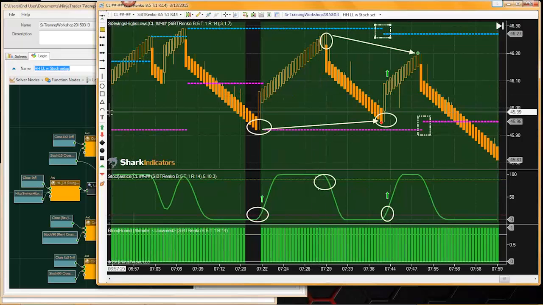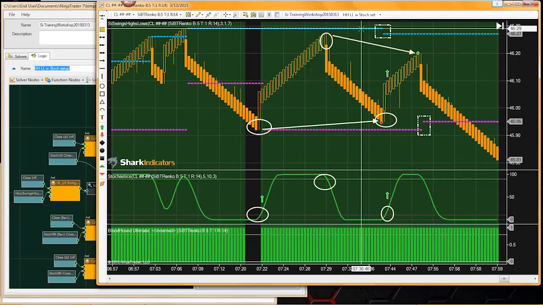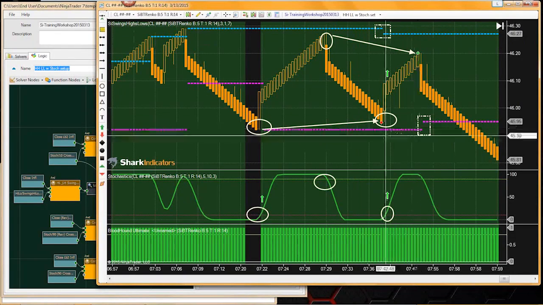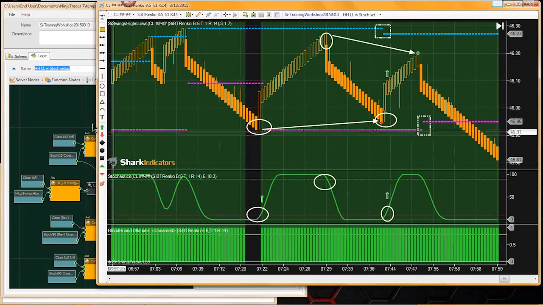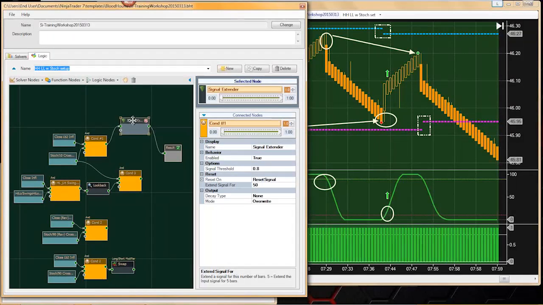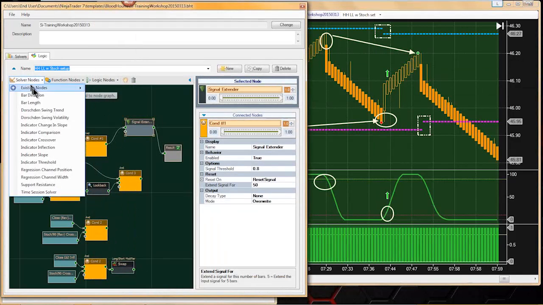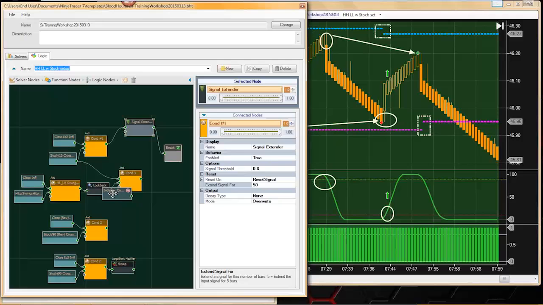So I'm going to build a solver that detects when the swing high low plots change here, and I can use that to turn off my signal extender here. So let's see. Yeah, an easy way to do that is I'm going to use the indicator comparison.